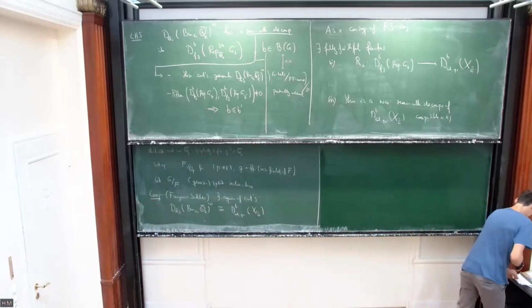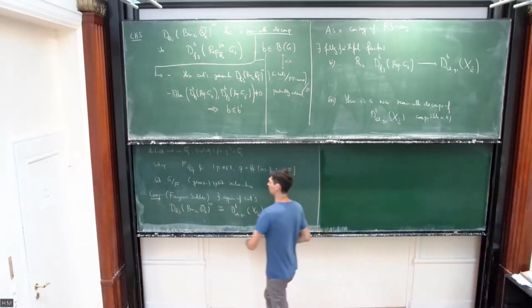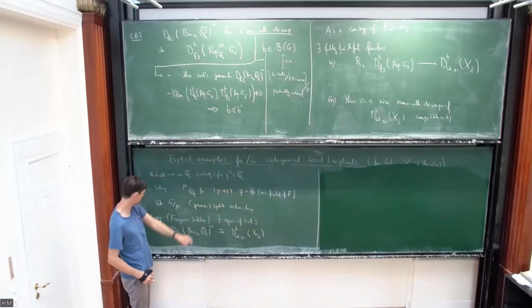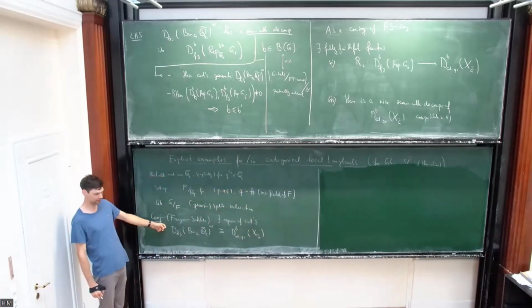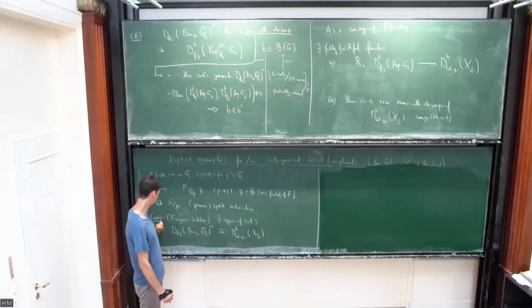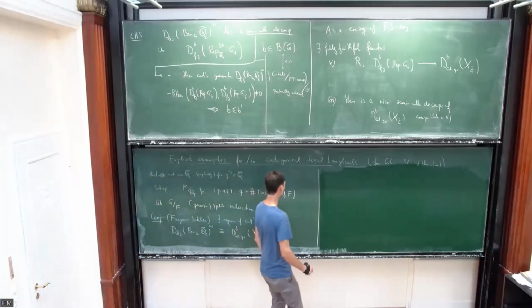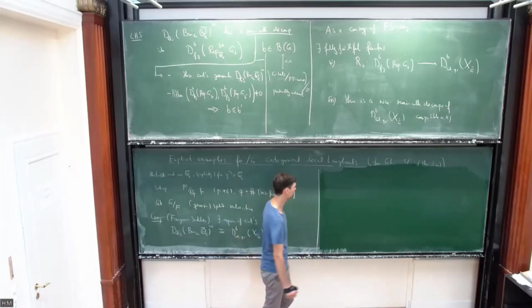You should think of what I'm writing over there as a continuation of this conjecture. So there exists an equivalence of categories, which is compatible with the so-called spectral action.